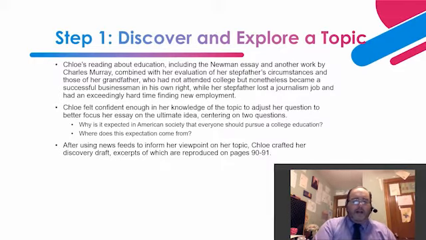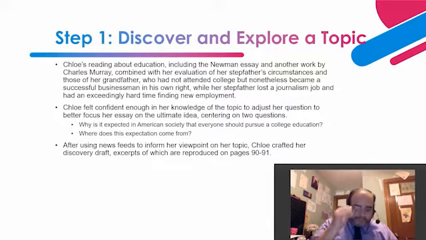As part of her discovery process, she wound up crafting a discovery draft. Using news feeds to inform her viewpoint on the topic, she constructed a full discovery draft to hone her ideas about the topic and what she was going to talk about.